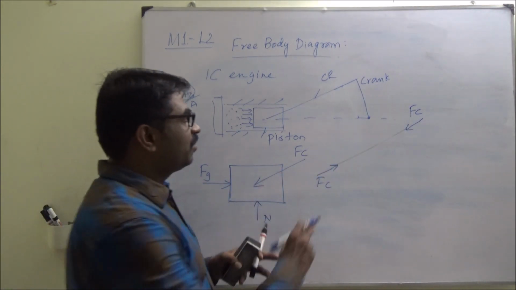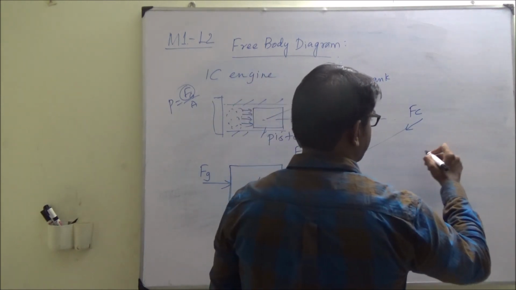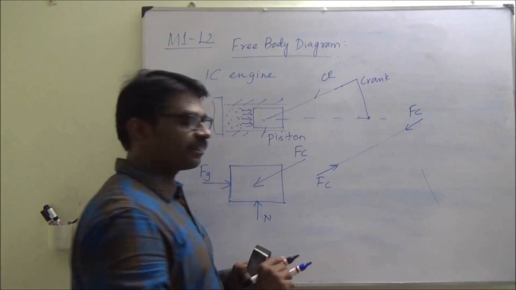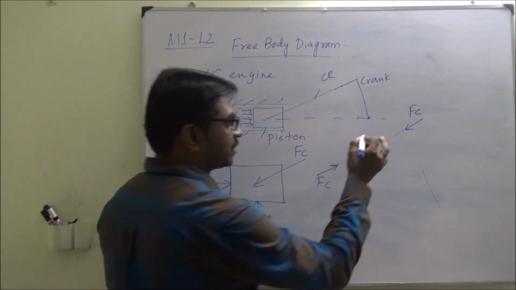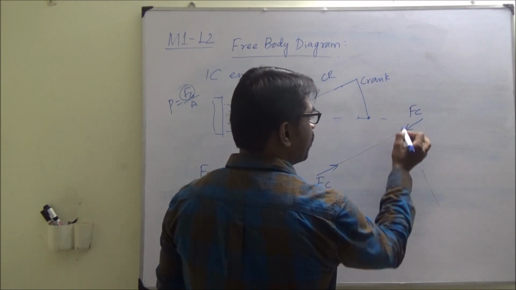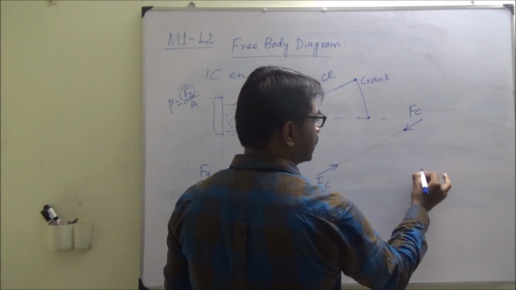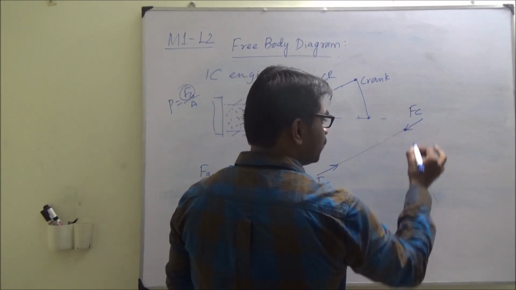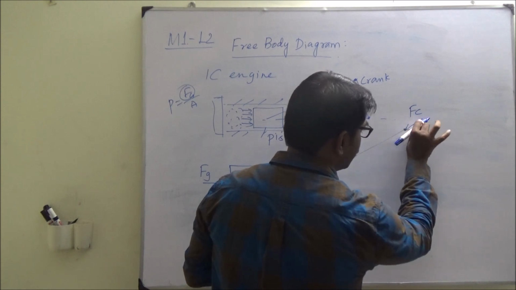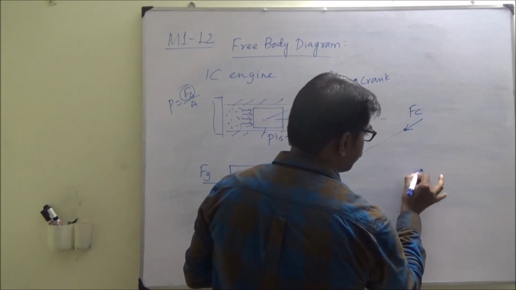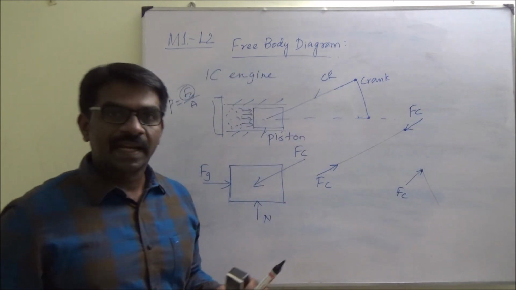Now if you consider the crankshaft, the crank, this is separated, this is the same point actually. So this point is represented here as well as here. Now this will give another force, equal and opposite, on this crank.